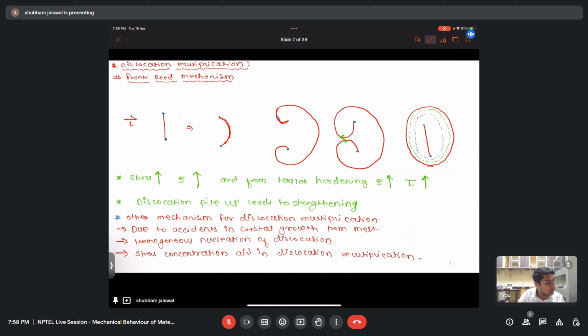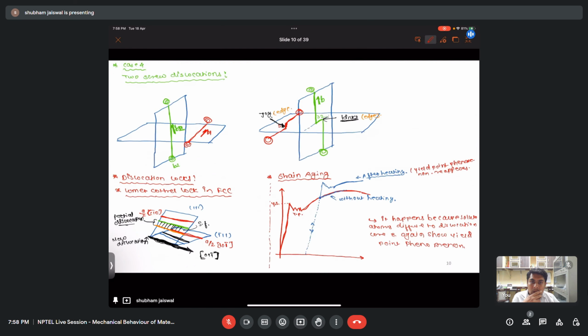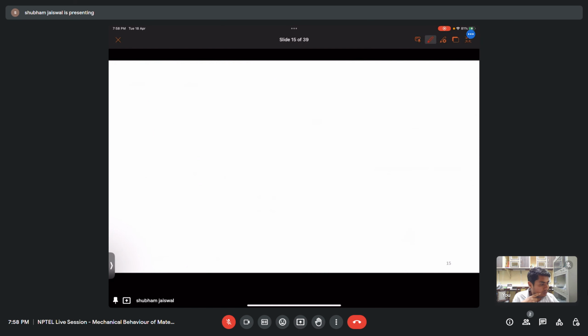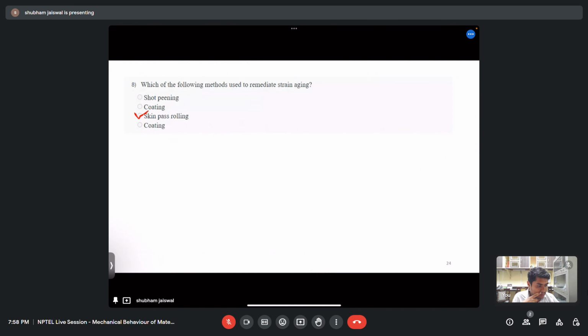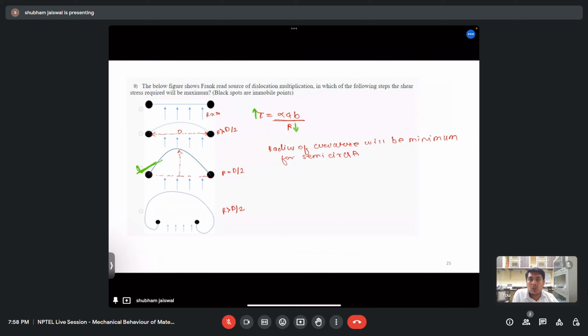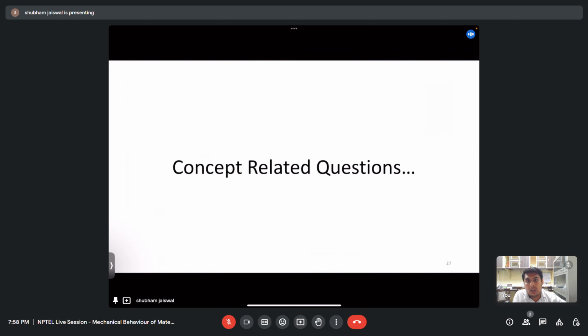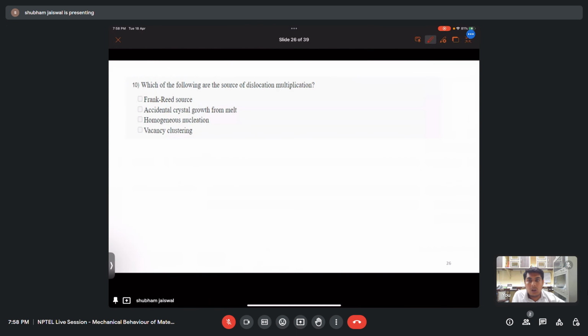Second is due to the accidents in crystal growth from the melt. Third one is the homogeneous nucleation of the dislocation, and the stress concentration aids in the dislocation multiplication. Okay. So if we come to this question, here they have given all the options. So among this, all are correct.